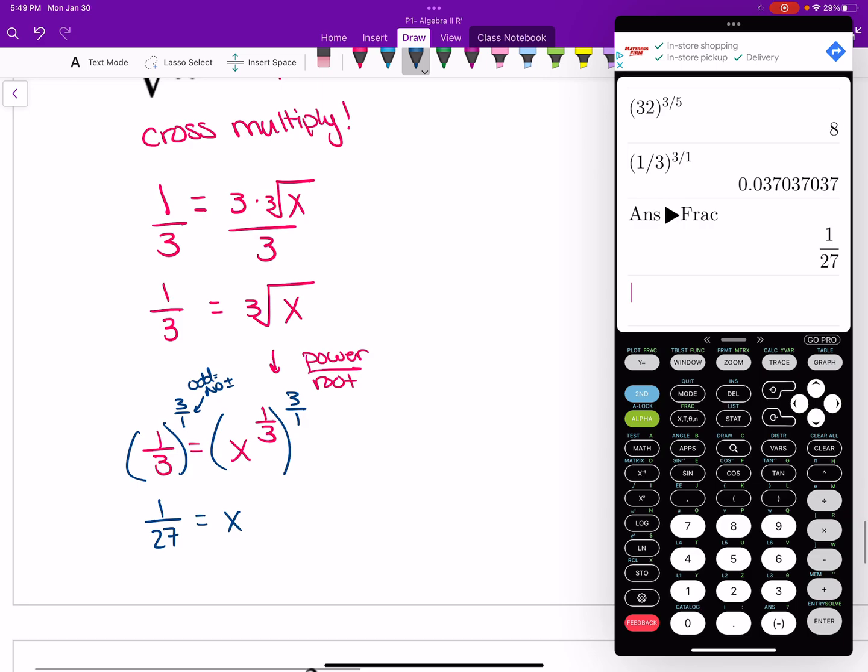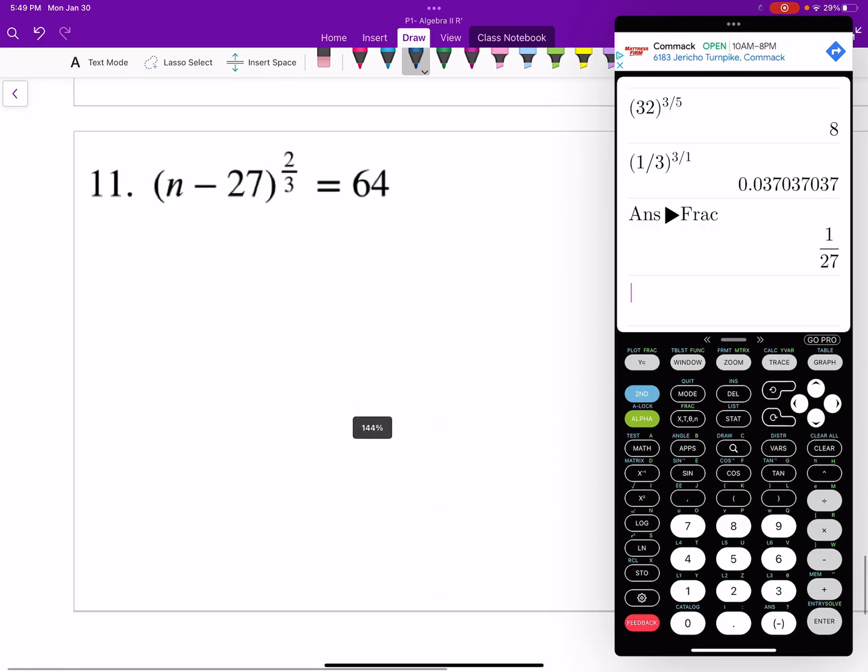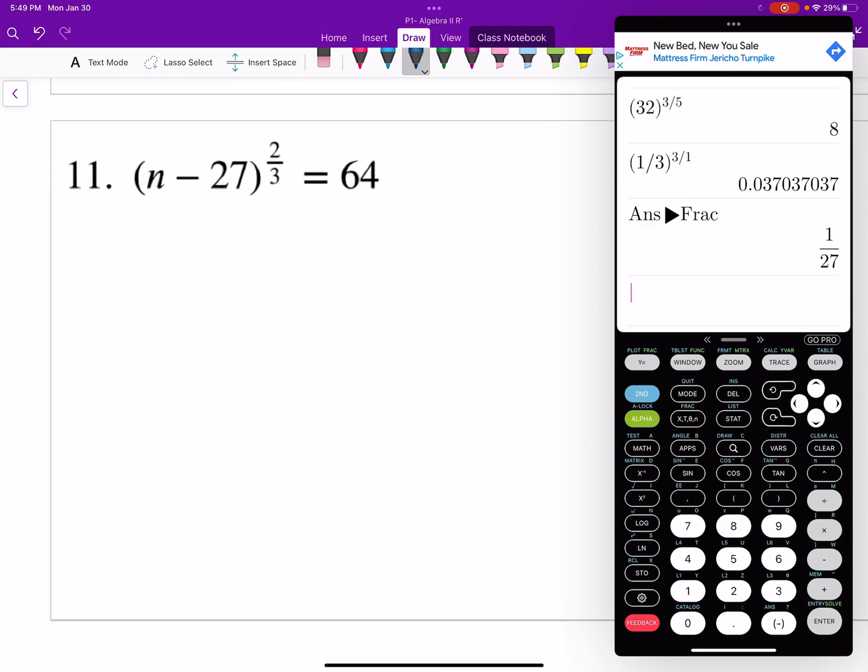Last question. I cannot move the 27 right now because the 27 is being included with this fractional exponent because it is in the parentheses. So my other option, my only option, is to get rid of it right from the beginning. Flip it on both sides. Do not distribute the 2/3 into that parenthesis.